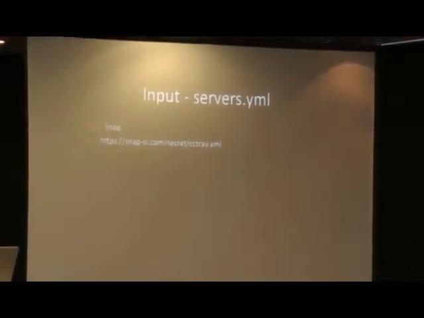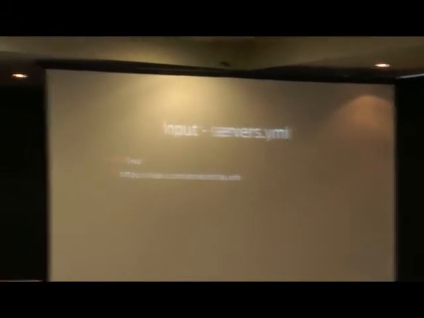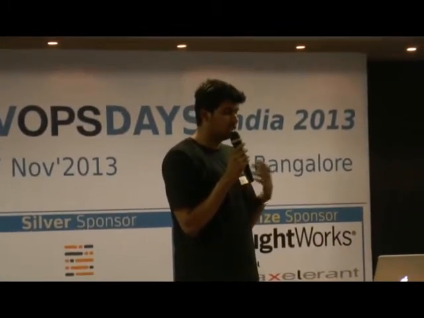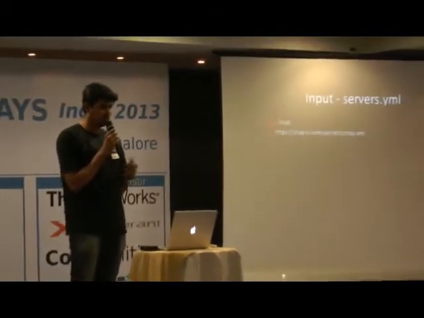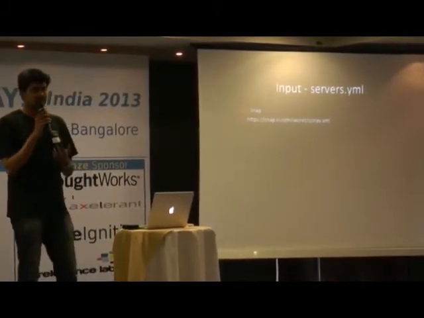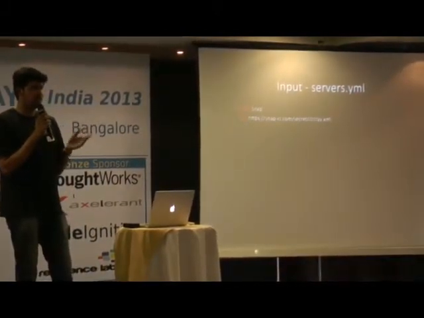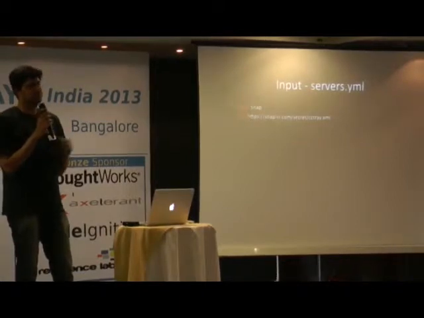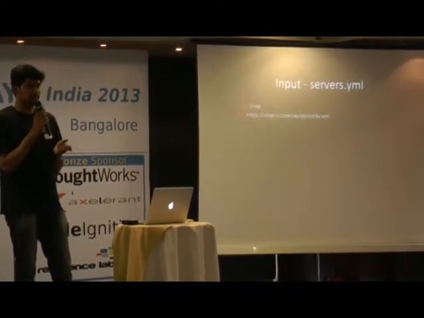While you're burning the Fedora image onto the Pi, you can start working on the build radiator. Now for any basic build radiator, the main input will be the list of CI servers that you have. So I'm going to create a build radiator that supports the CC tray XML. I'm going to create a basic Sinatra application that takes in a list of CI servers, the URL of the CC tray XML.